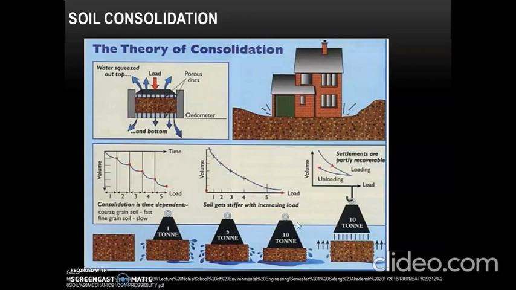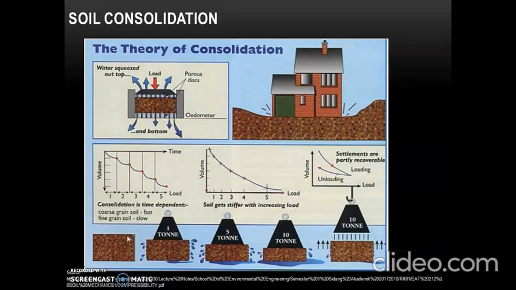And again with the further increase in load, let us say during the final stage of construction, the load applied on the soil mass is 10 ton. Again there will be removal of water from the voids. So in this process of application of load, we have seen that the soil mass has undergone volume change.